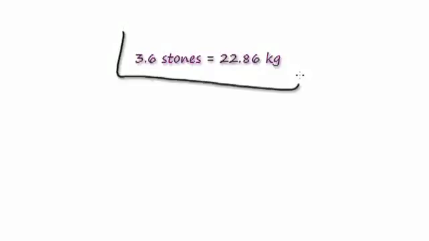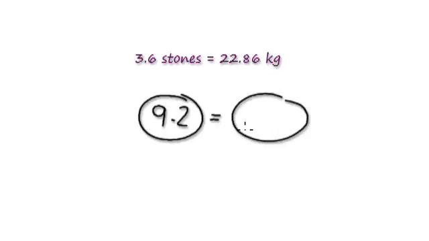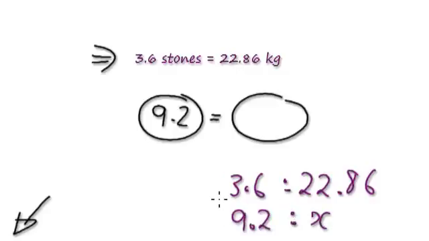Given this, work out how many kilograms there are in 9.2 stones. How many kilograms would that be? Press pause and have a go. Start by summarizing this bit: 3.6, and then that gives us 22.86 kilograms. We've been given 9.2 here, and we want to know x.